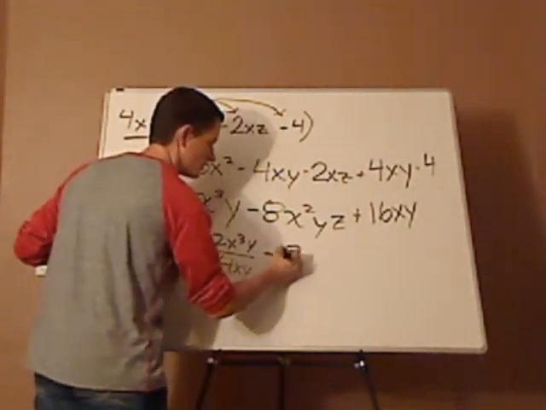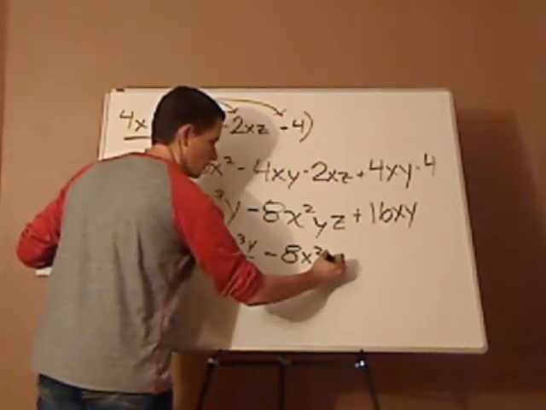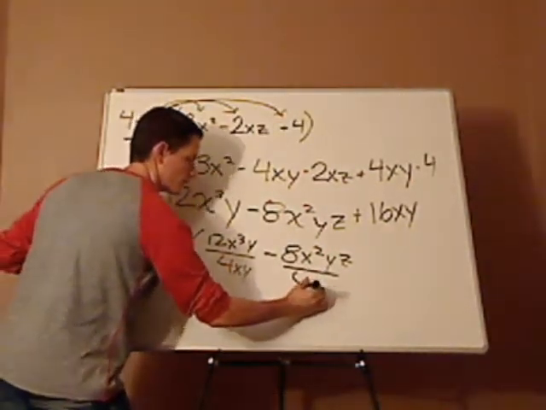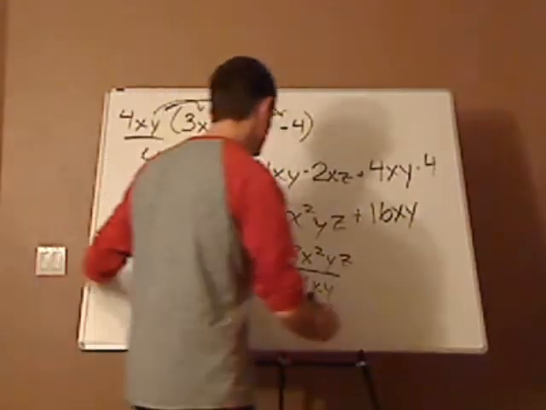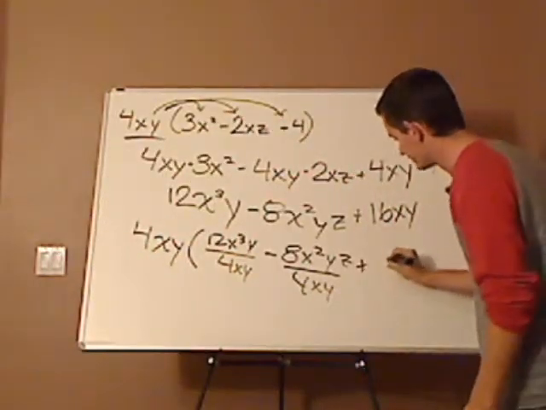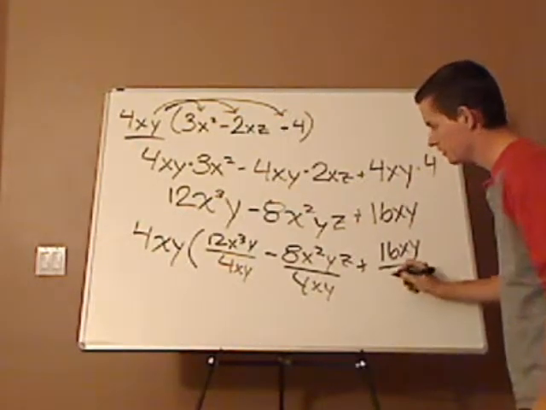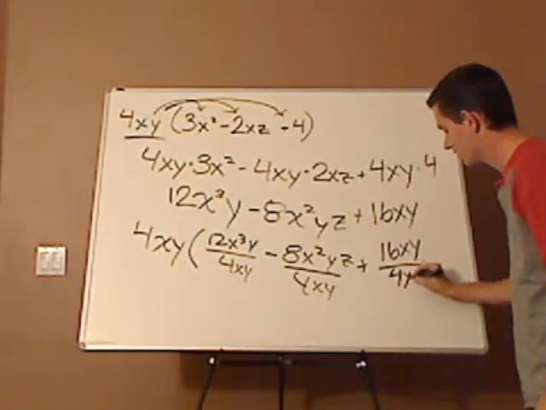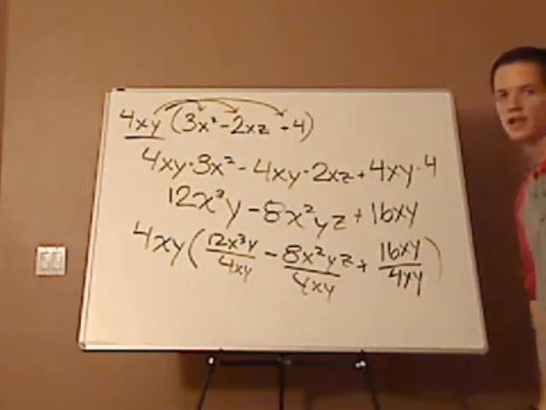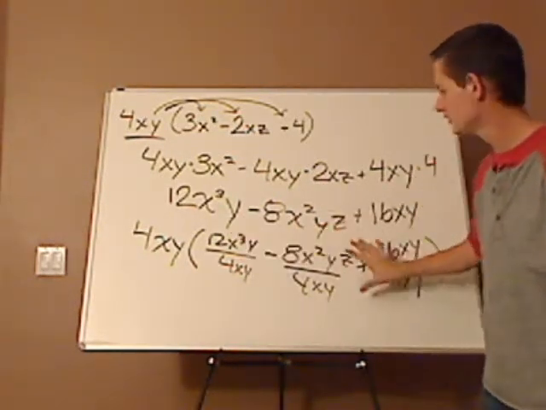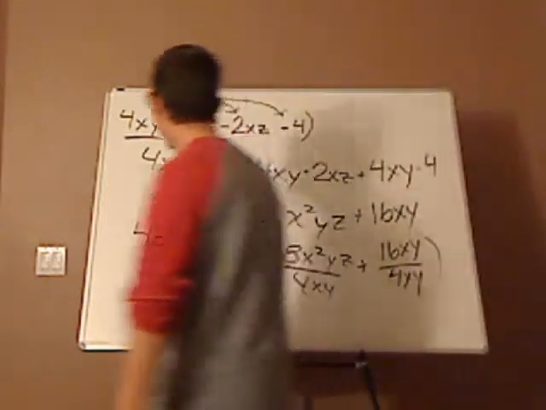So minus x squared yz over 4xy, plus 16xy over 4xy. And so when you do that, you divide each of these, you simplify each of those.